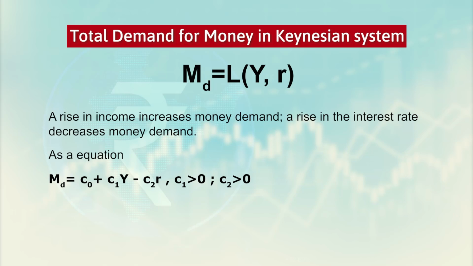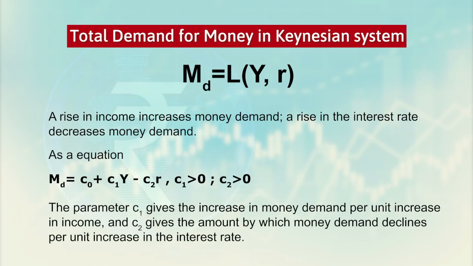The plus sign for C1 signifies the positive relationship between Y and M, whereas the minus sign for C2 signifies the negative relationship between the rate of interest and the money demand function. And the parameter C1 gives the increase in money demand per unit increase in income, whereas C2 gives us the amount by which money demand declines per unit increase in the rate of interest. So this is essentially the Keynesian idea of demand for money.